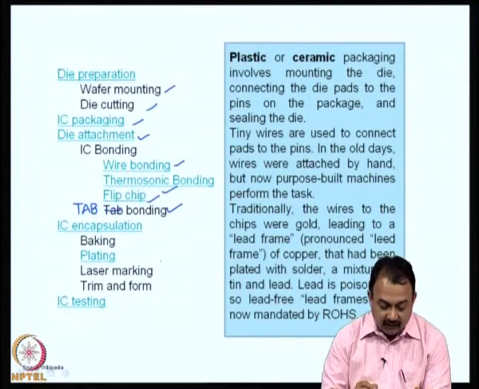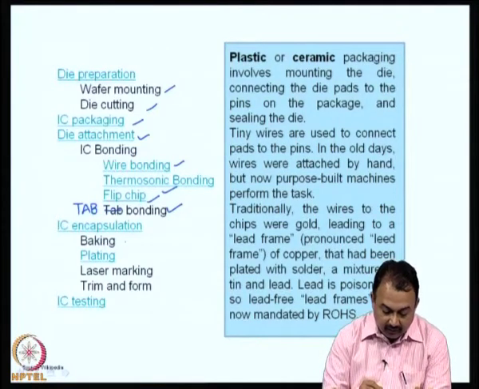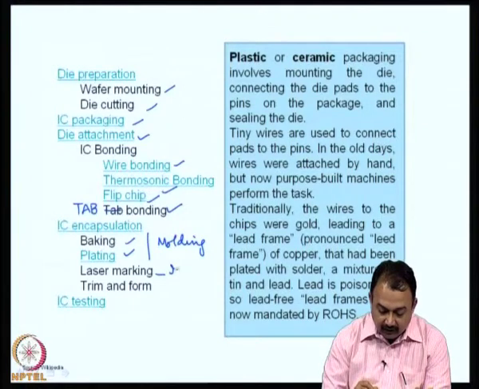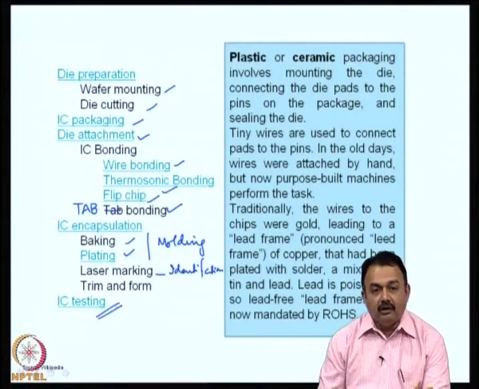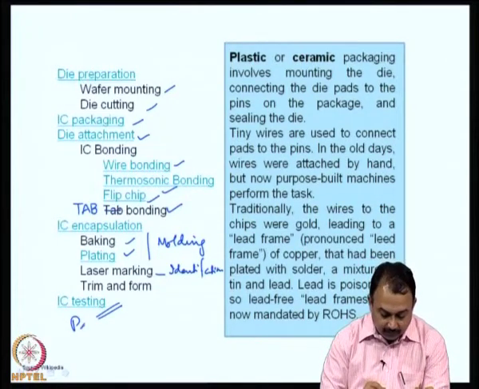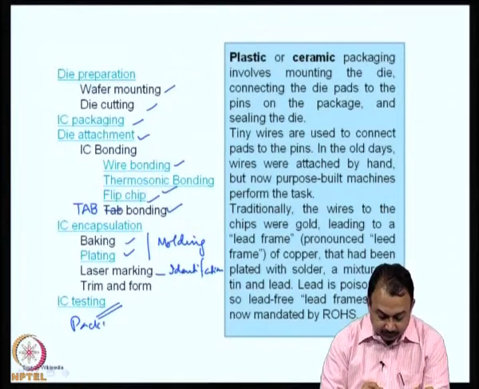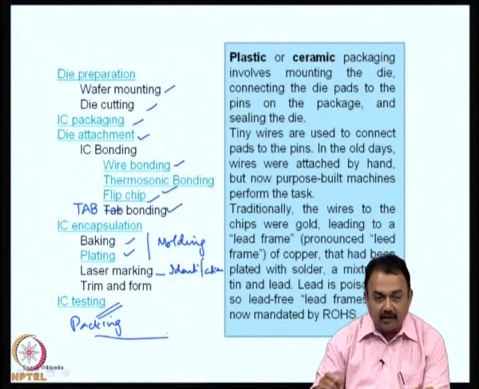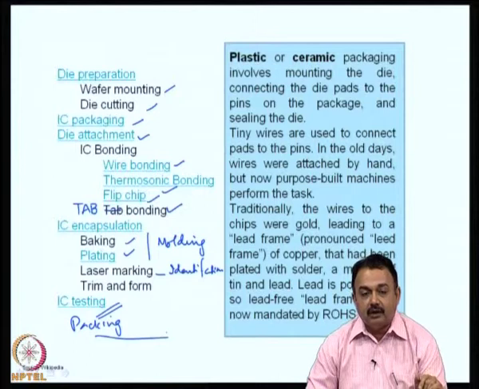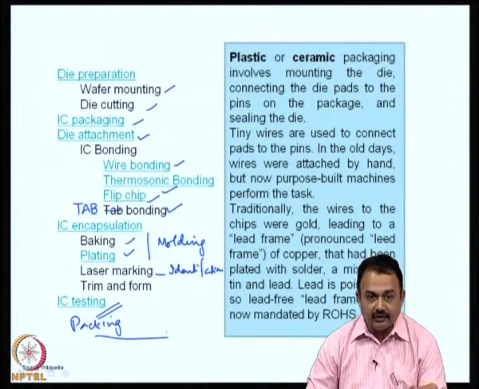Then IC encapsulation using baking or plating or simply molding, and finally, it is laser marked for identification or marking the component, and finally, trim, form and test, and then it goes for packing. So, that completes the steps that are required for IC manufacturing.